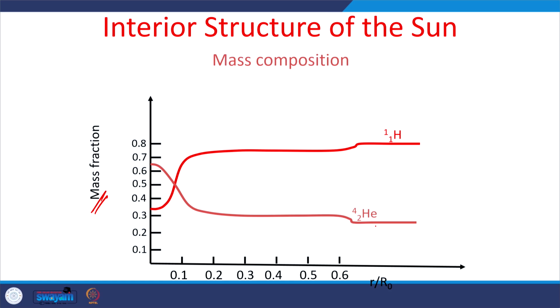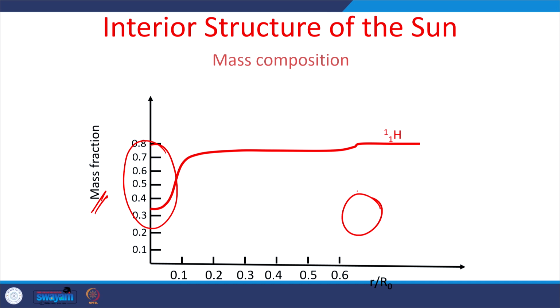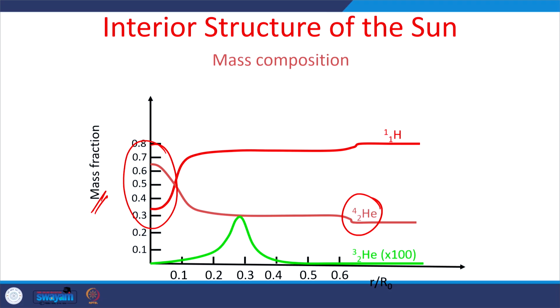So what does it mean? Hydrogen's concentration is increasing and helium's is decreasing. This supports the basic idea of nuclear fusion, where hydrogen atoms are fused to form higher atomic numbers. Similarly, you also have an isotope of helium, which peaks somewhere at 30%, or 0.3 times the radius of the sun.